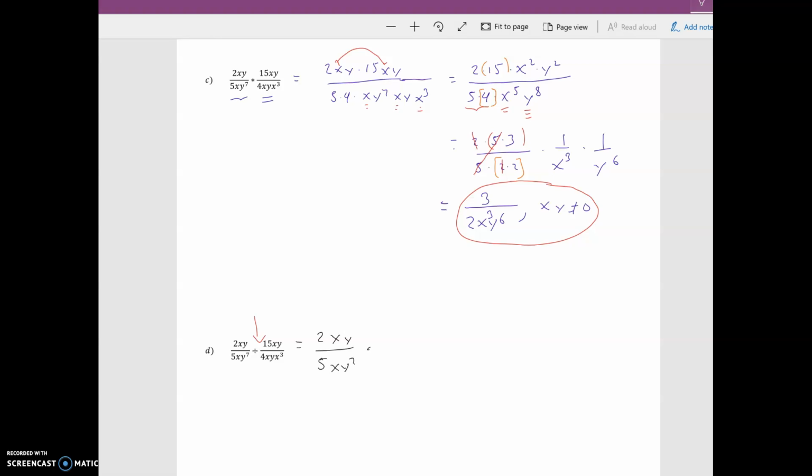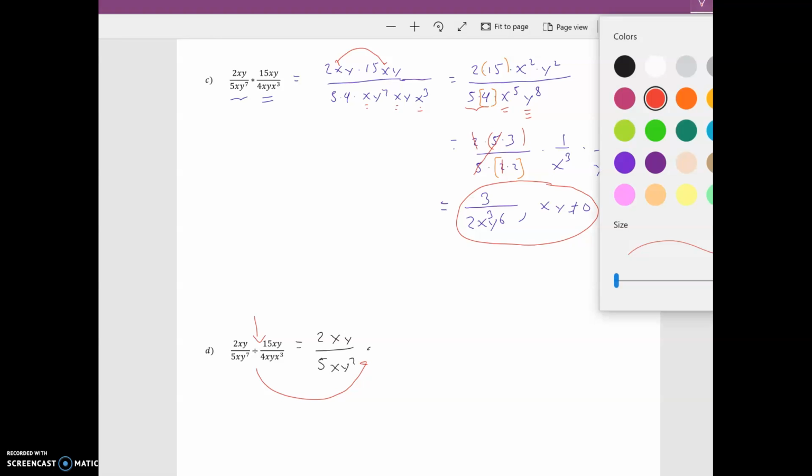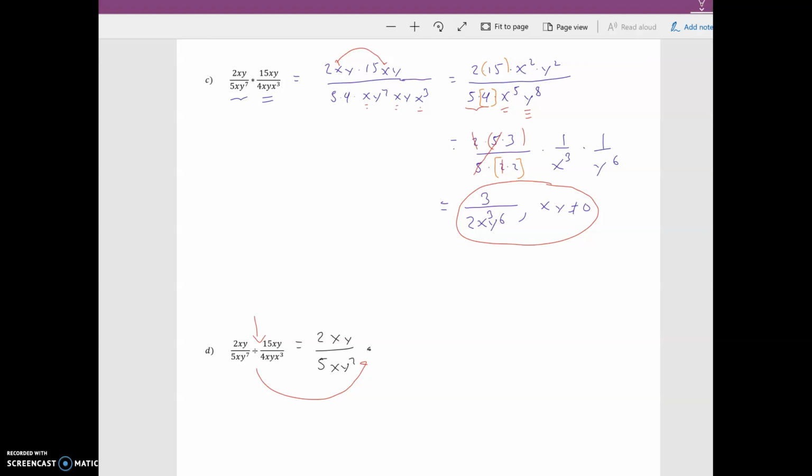I'm going to automatically write it as a multiplication. So division is going to change to an actual multiplication, and then we're going to flip the fraction. So you're going to end up with 4xy times x to the 3rd, and at the bottom 15xy.